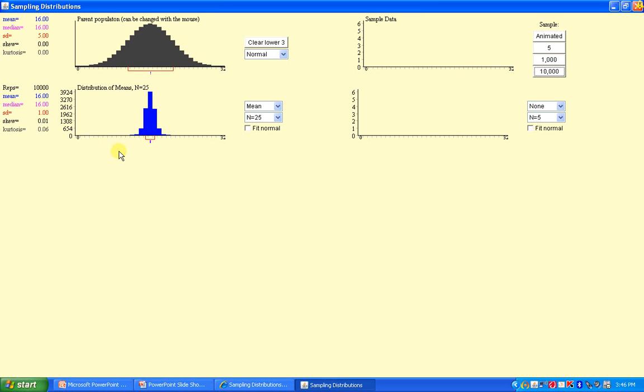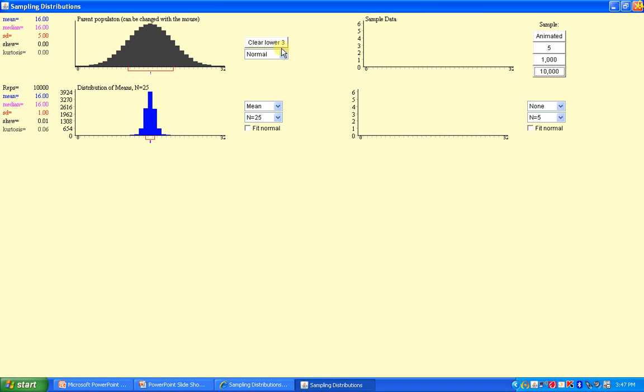It's 1. But it is normally distributed. Now, remember it's sigma, 5, divided by the square root of n, which is the square root of 25. 5 divided by the square root of 25 is 1. So that's our standard deviation there.